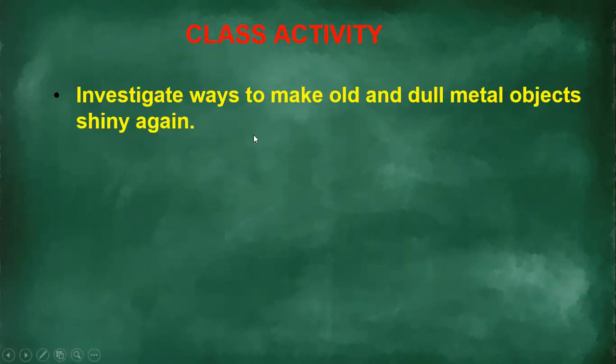Okay, I'm giving you 1 more minute. From there, we are going to do some corrections or some suggestions on what to use when you want to make dull metals shiny again, okay?